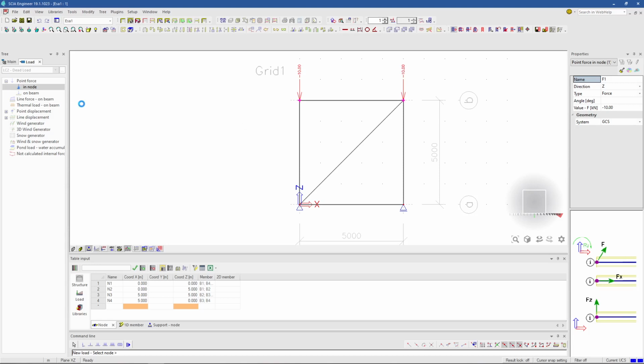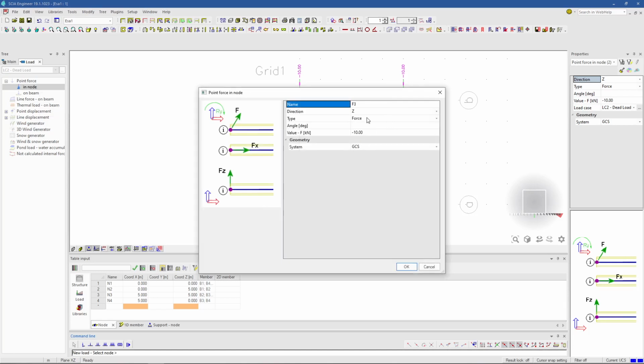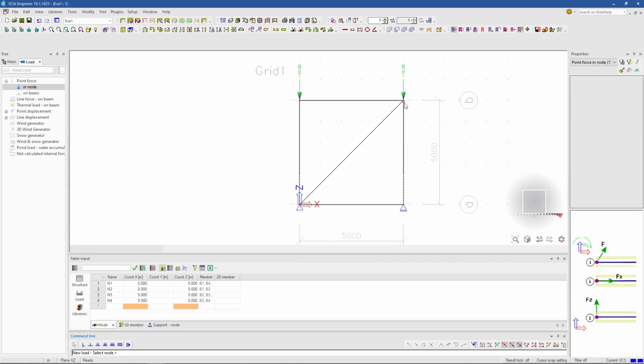We'll head back to the node. I'll add it in the positive X direction.